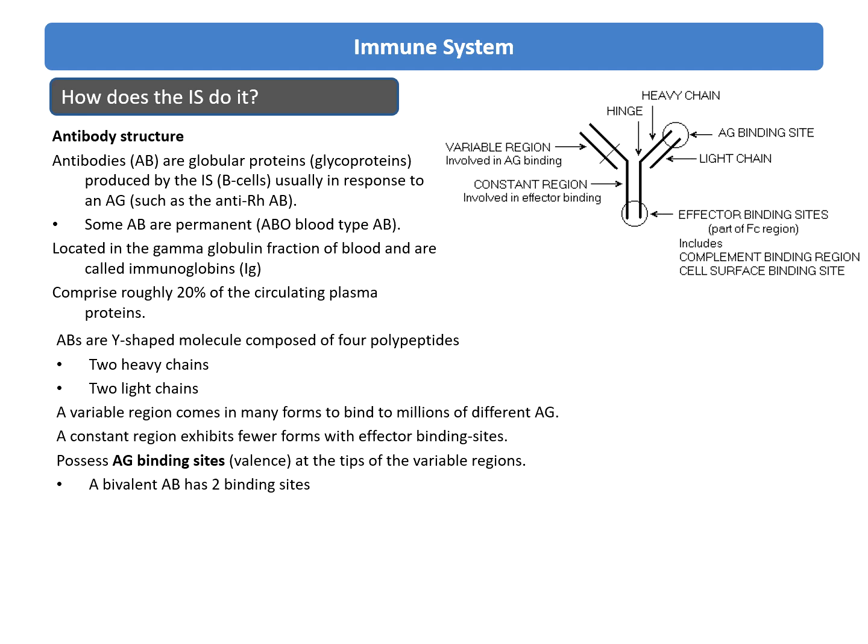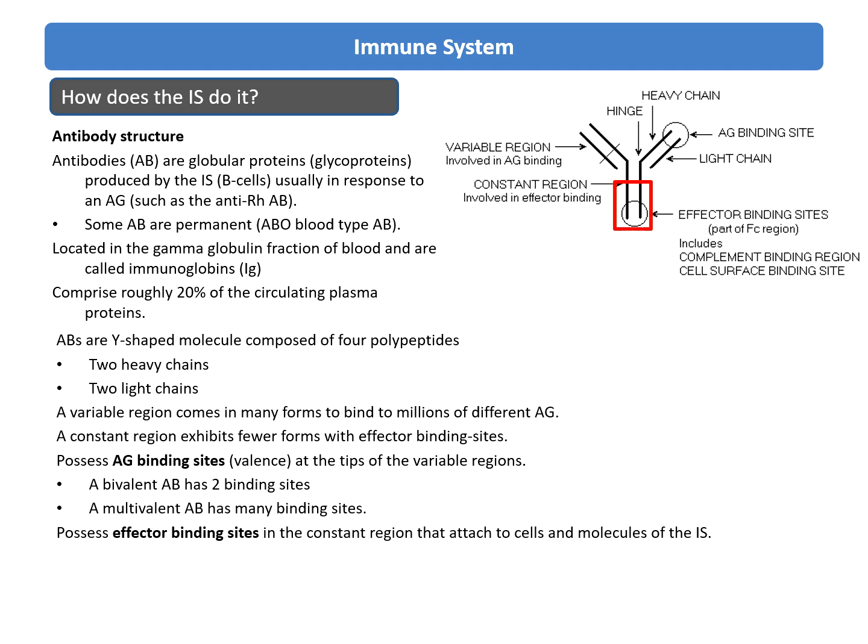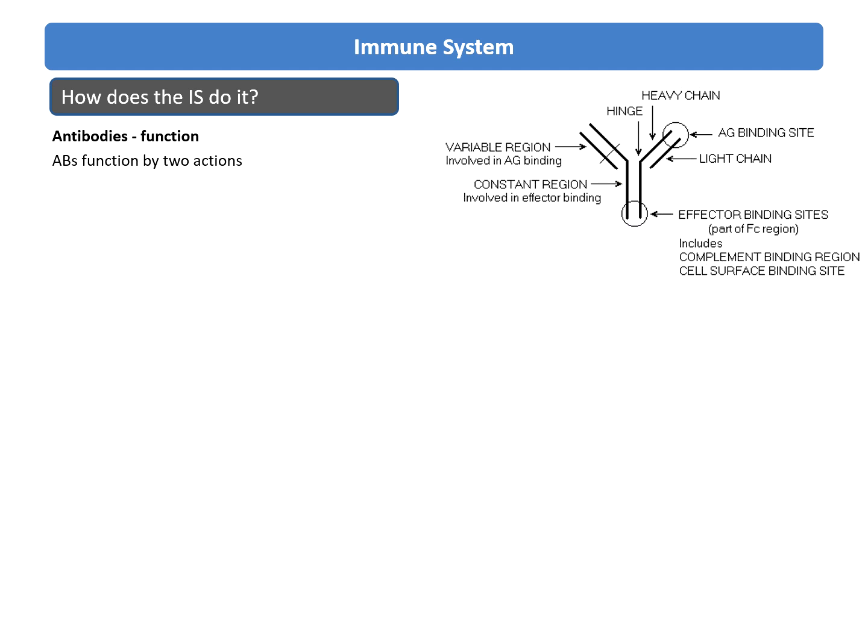The antigen binding site, referred to as the valence, is found at the tips of the variable region. A bivalent antibody has 2 binding sites. A multivalent antibody has many binding sites. The effector binding site, as we mentioned, is in the constant region, and it attaches to cells and molecules of the immune system. Antibodies function by 2 actions. One is by direct action against the antigen.